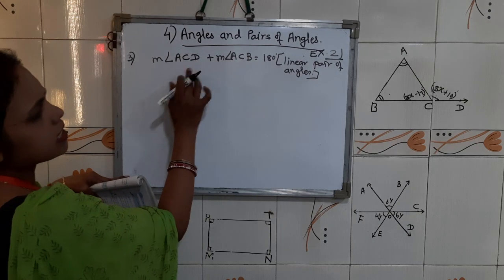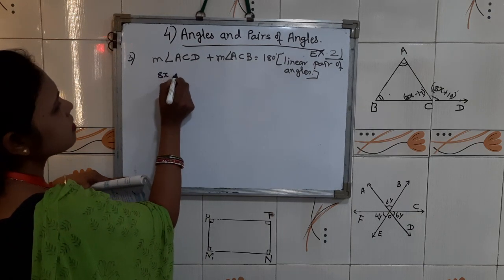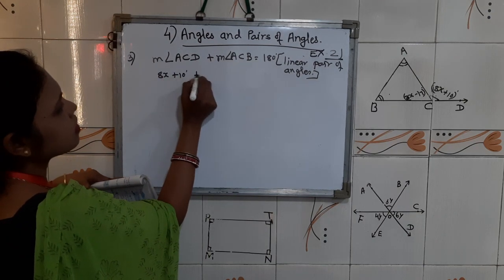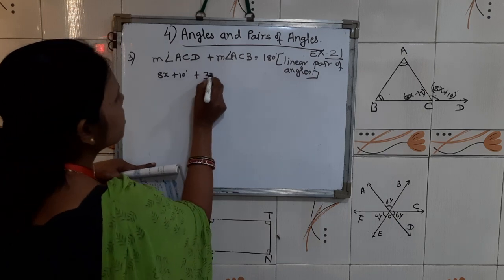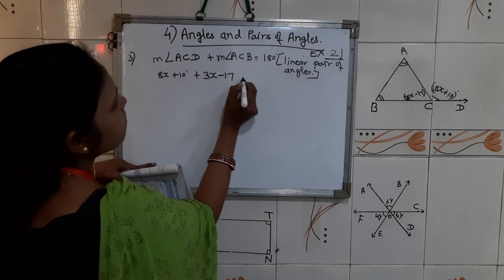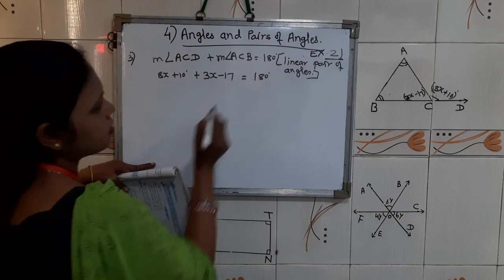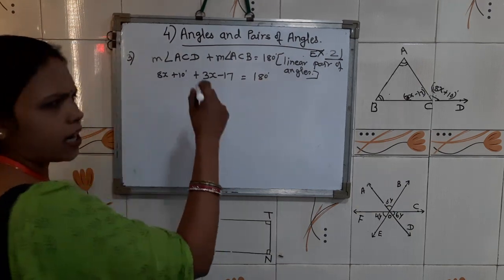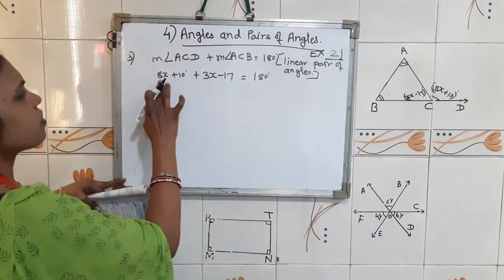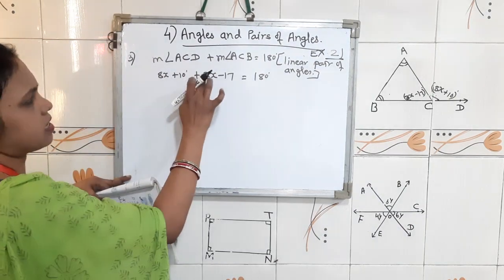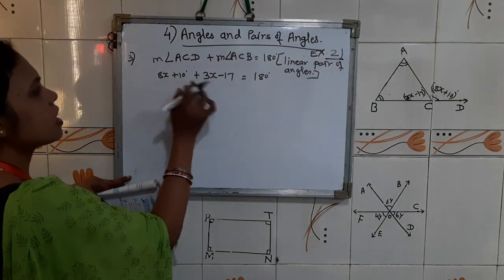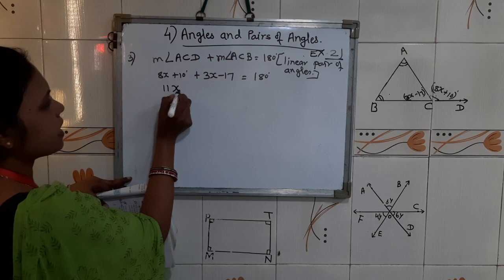Now ACD given 8x plus 10 degree. ACB given 3x minus 17 equal to 180. If you want, you can put it in bracket. After that 8x plus 3x, addition of both these, your answer is 11x.